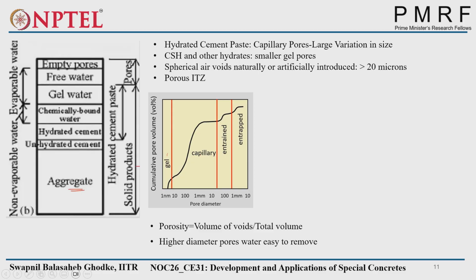You can see gel pores in this range, then capillary pores from 10 nanometer to 1 millimeter, then entrained and entrapped air. We already saw this with the air entraining agent. Entrapped means unintentional, because of improper compaction, air is incorporated into concrete, and entrained means we are purposefully incorporating it.